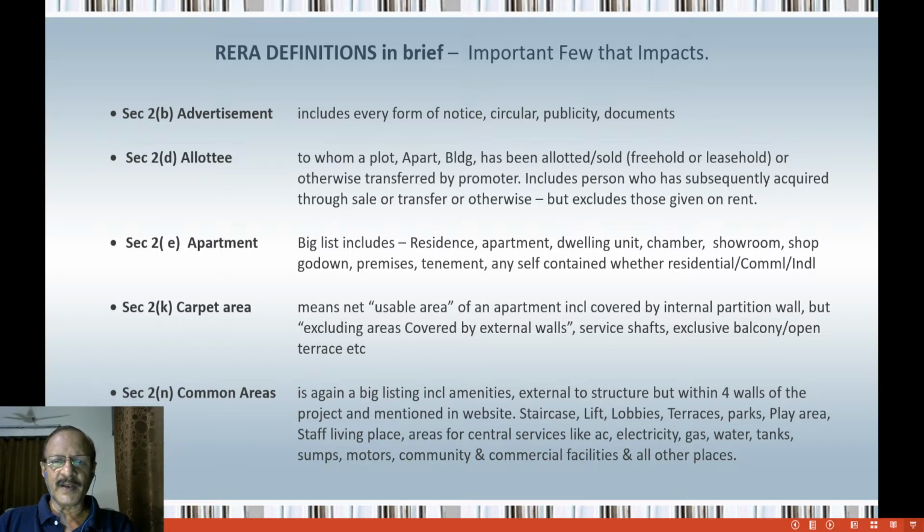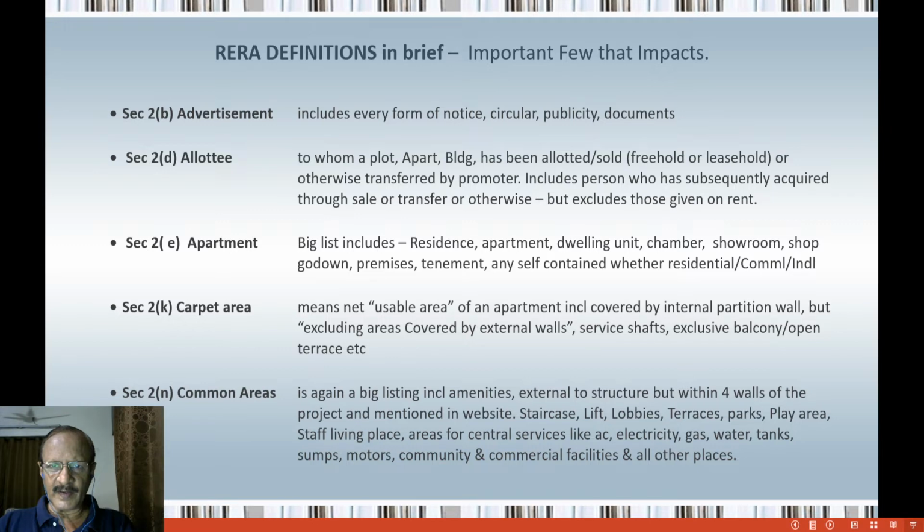Common area. Common area again is a big definition. It includes all amenities, whether external or internal, within the project. It includes staircase, lift, lobbies, terrace, parks, any playing ground or playing area, and anything for staff people to live, common basement, terraces, parks, play areas, common storage spaces.